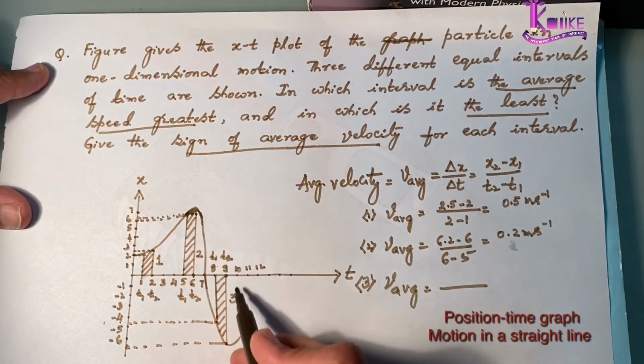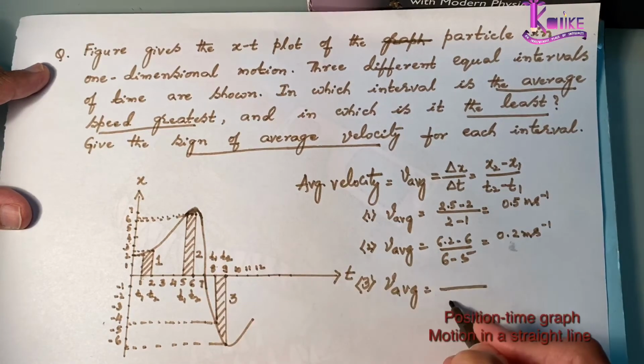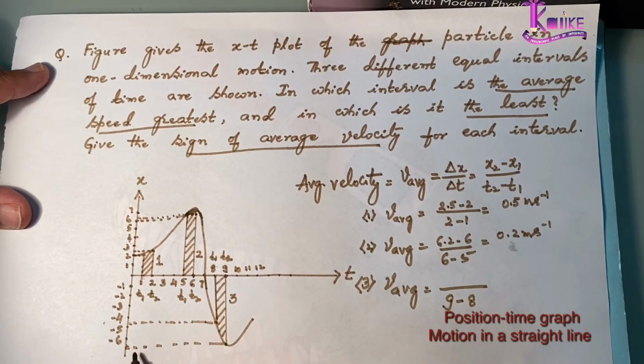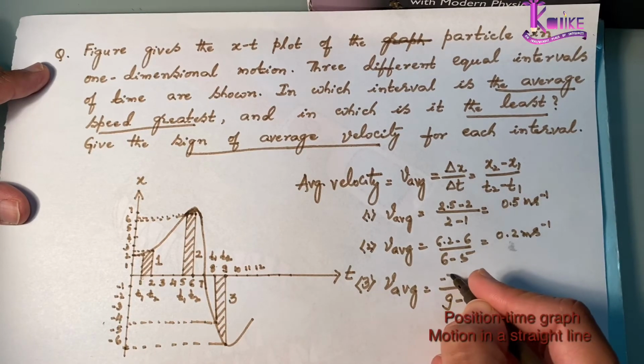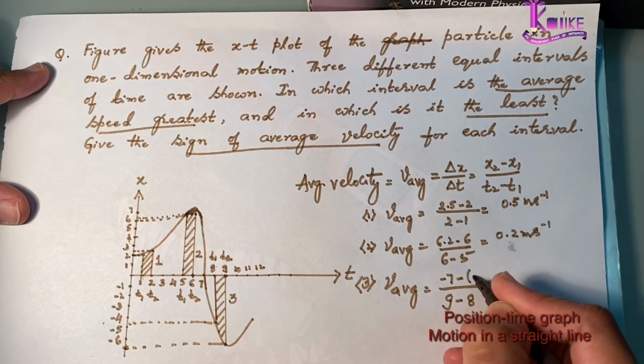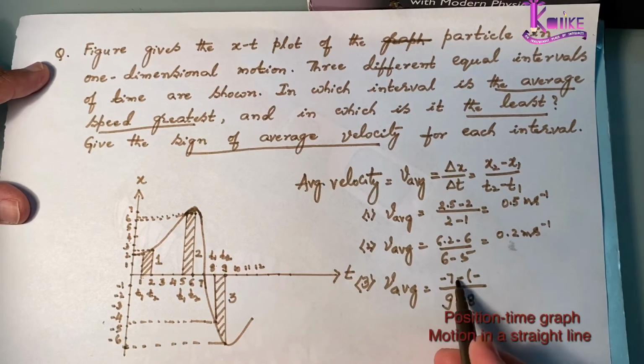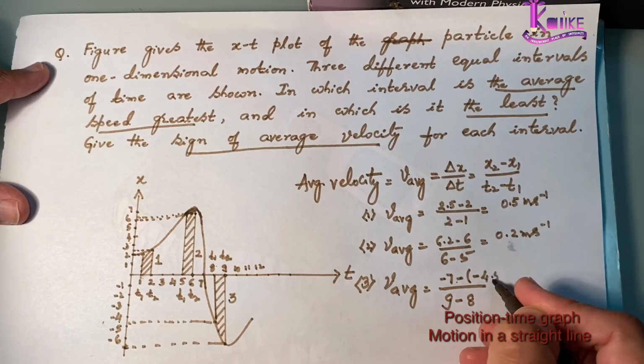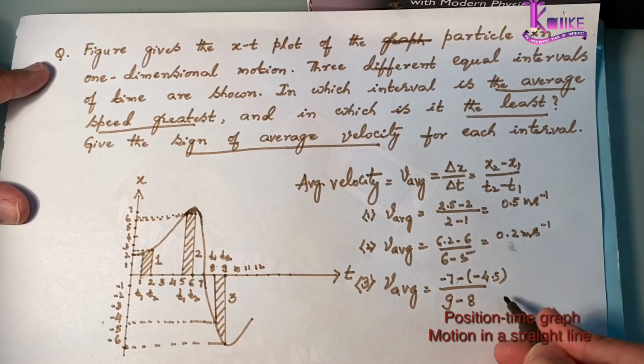Now the denominator is simple, 9 minus 8. But the values that correspond here are 7, and minus 4.5, minus, because you are subtracting and you have a minus value.